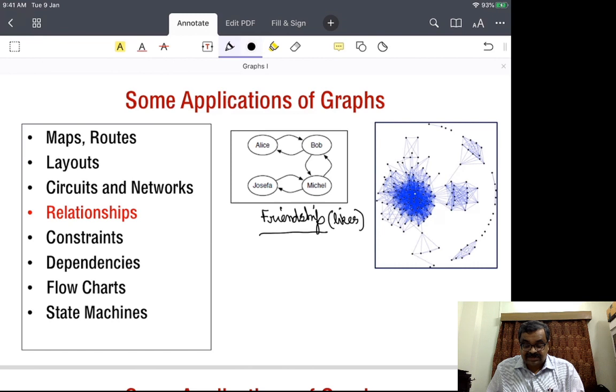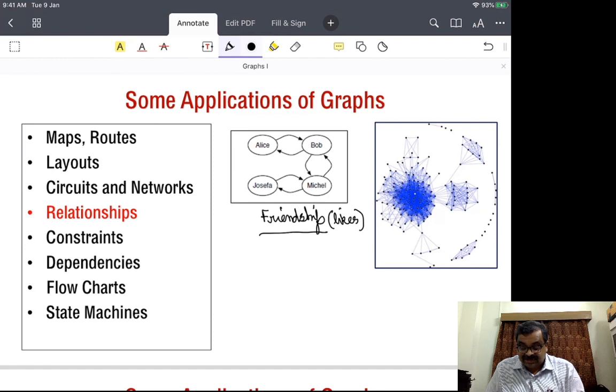And this is a friendship relationship. Can any of you guess before I tell you the answer of what this is? This is a social network relationship where all these small dots that you see are nodes or people, and the edges are the connections or the friendship relationship between them.